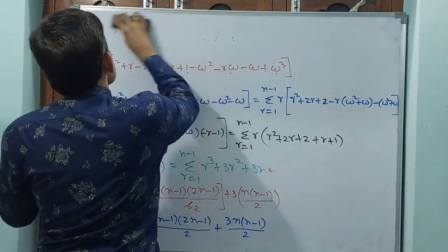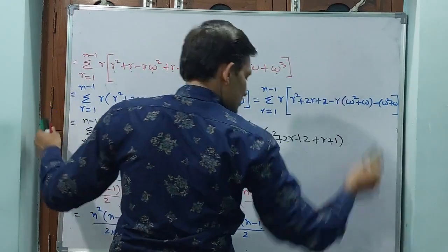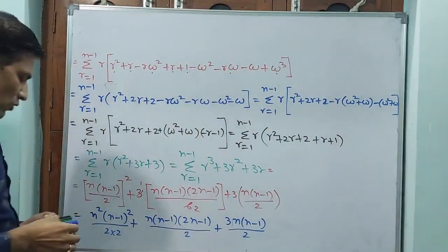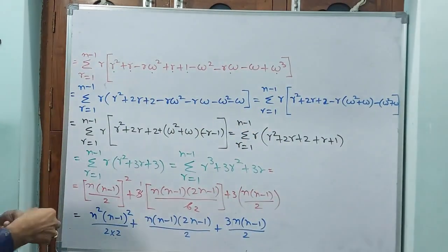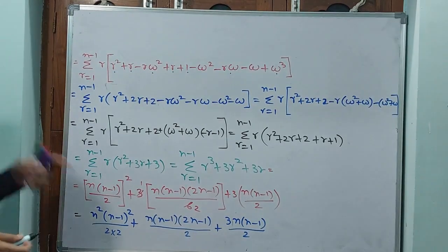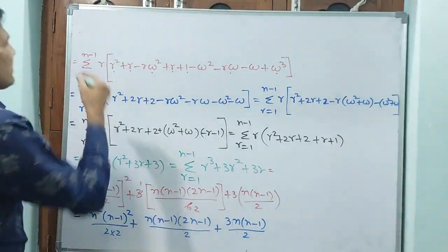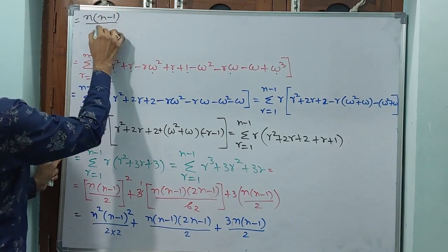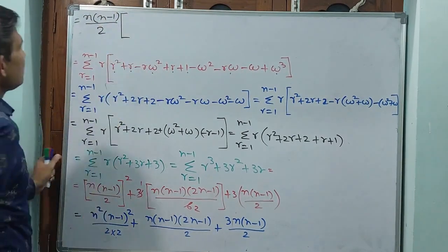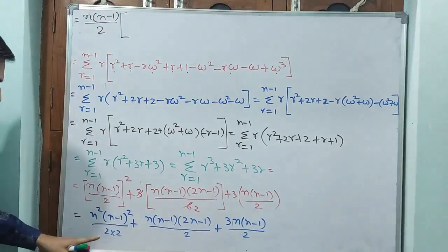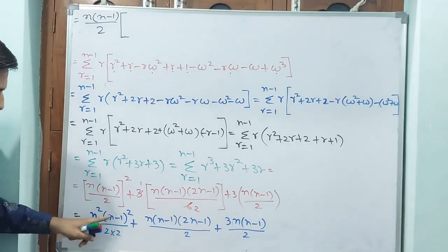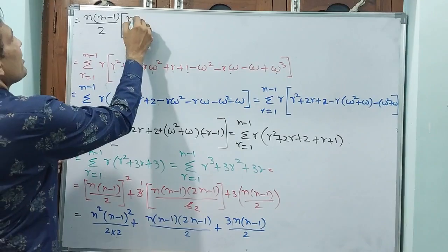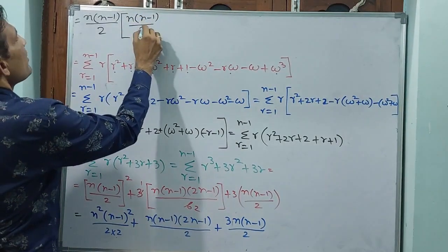If able to do, then we will do, or else we will remove some more. Okay, n into n minus 1 by 2 I am taking common. That is equal to n into n minus 1 by 2. If I take common, see here, n into n minus 1 by 2 will be there.